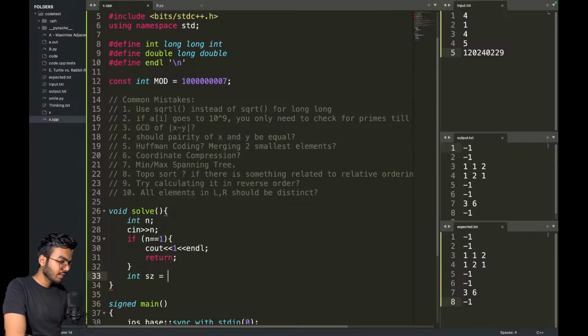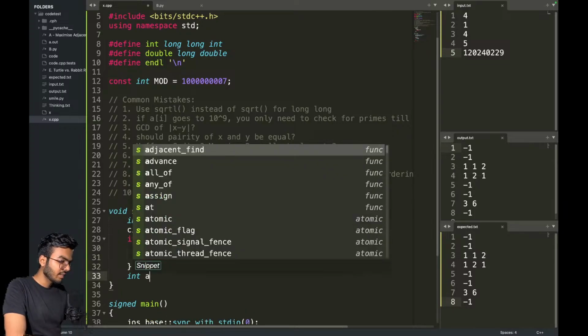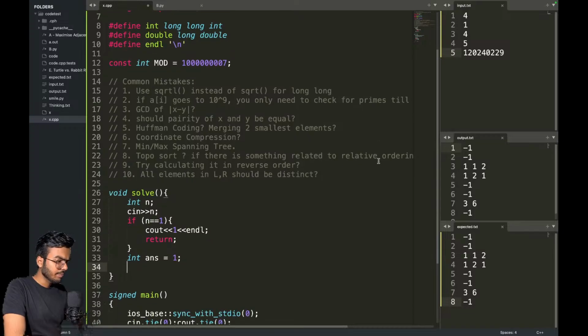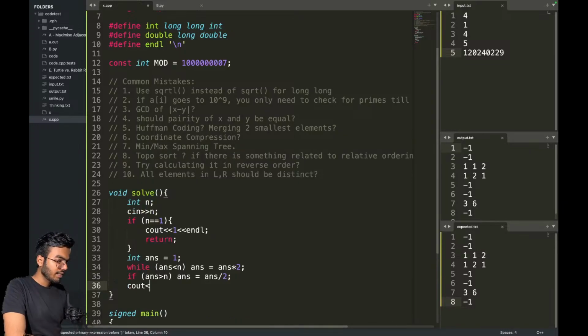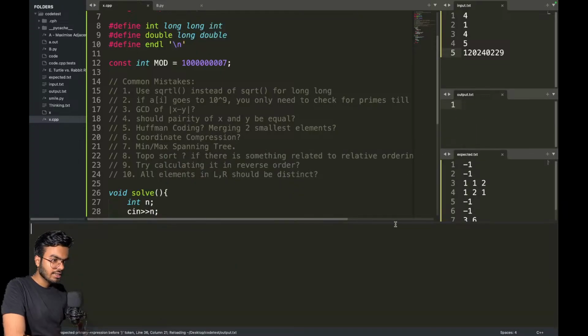Otherwise, let's say my answer is equal to 1, and now I will say while answer is less than n, answer is equal to answer times 2. So I think this will make the answer just greater than or equal to n. If answer is greater than n, then answer is equal to answer divided by 2, and then I will say cout answer endl. So I think this should work. Let's see.